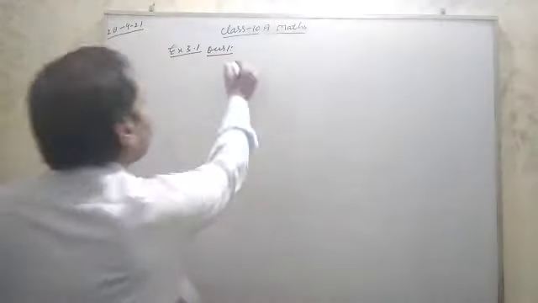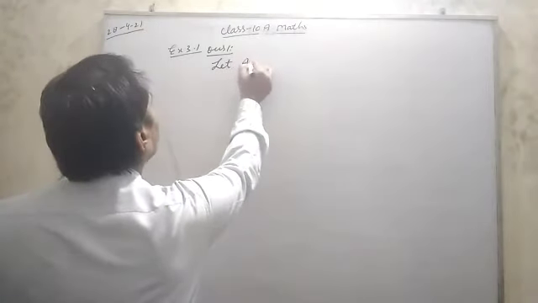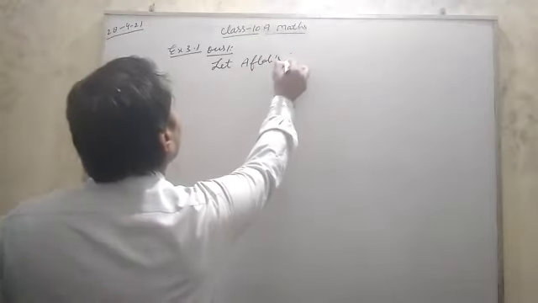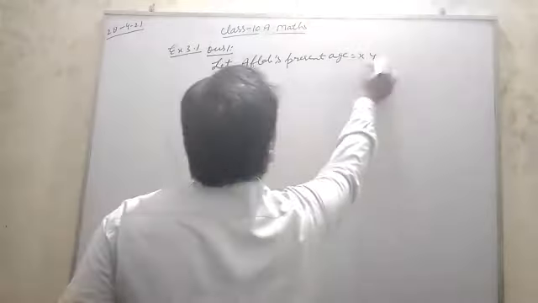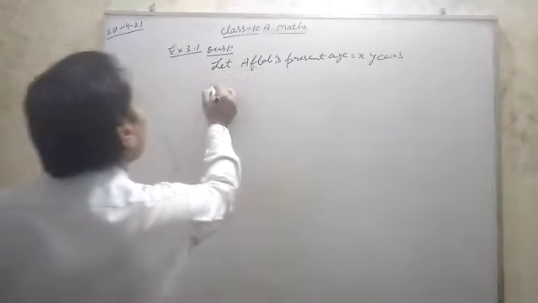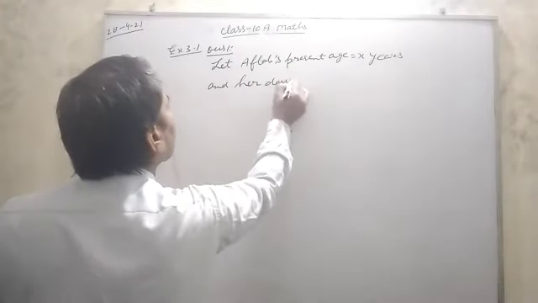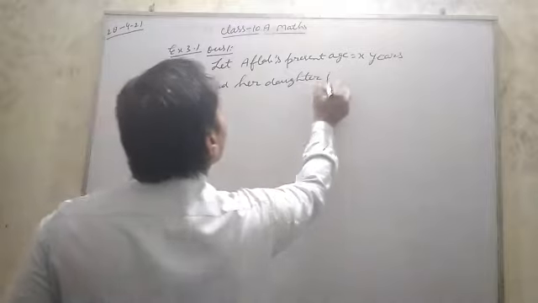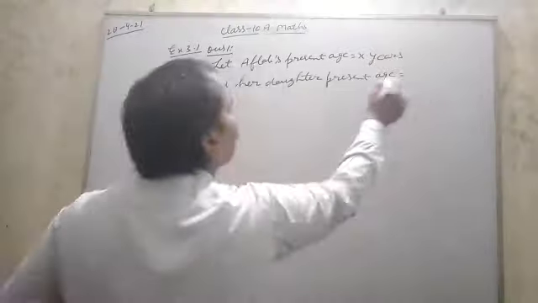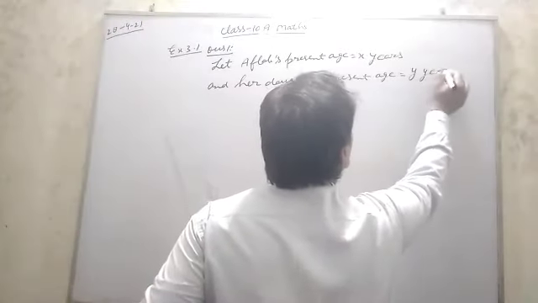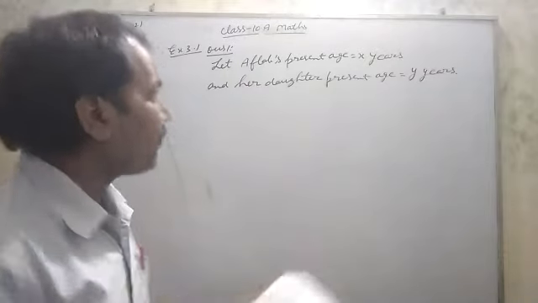So suppose let Aftab's present age is equal to X years and his daughter's present age is equal to Y years. Okay. So Aftab tells his daughter 7 years ago.